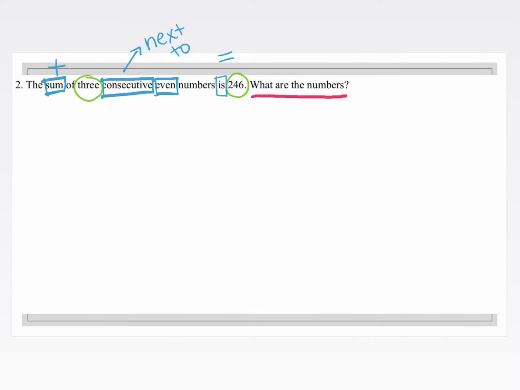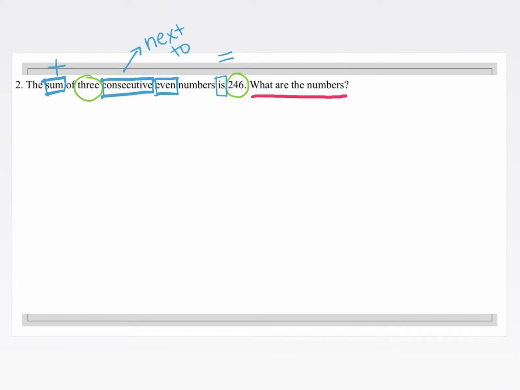Okay, now for evaluating, we're going to define our variables. Here, we actually have 3 unknowns because we want 3 consecutive numbers that give us a sum, when we add them together, of 246. Since the numbers are consecutive, we know that they're next to each other.